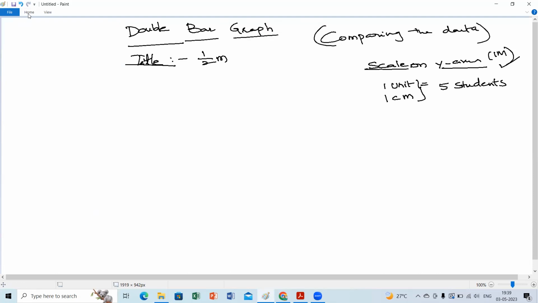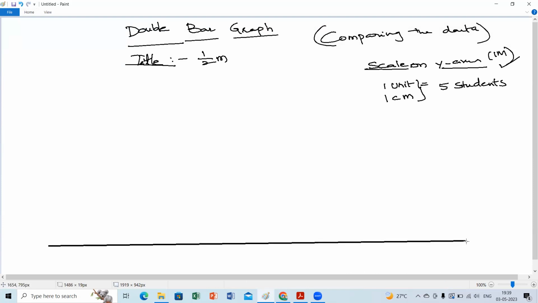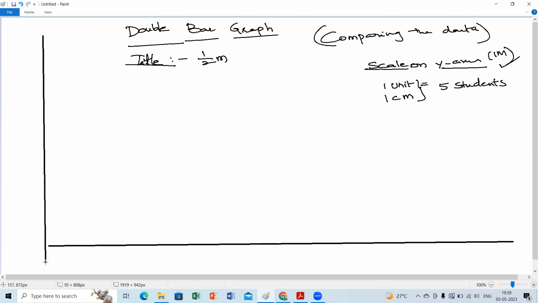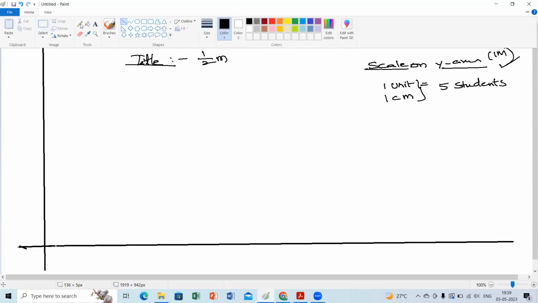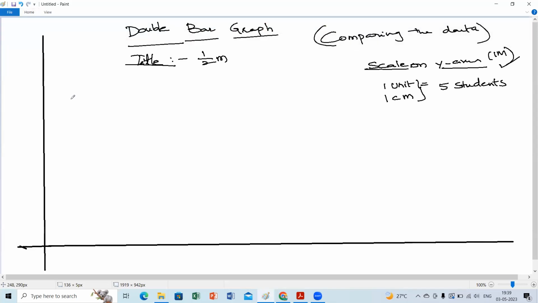Is the x-axis a vertical axis or a horizontal axis? Yes, ma'am, x-axis is the horizontal axis, whereas the y-axis is the vertical axis, right? Children, I'm drawing approximately.